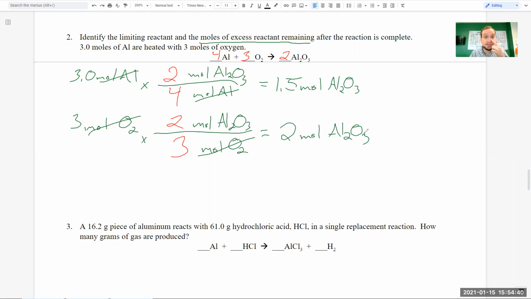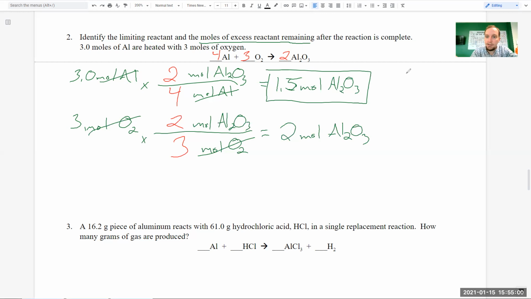So the question says, first of all, identify the limiting reactant. In order to do that, we need to figure out which product would actually be able to make. The answer is this one because, again, simply it is the smaller of the two. We would only be able to make 1.5 moles of aluminum oxide. After that, we're going to run out of something.